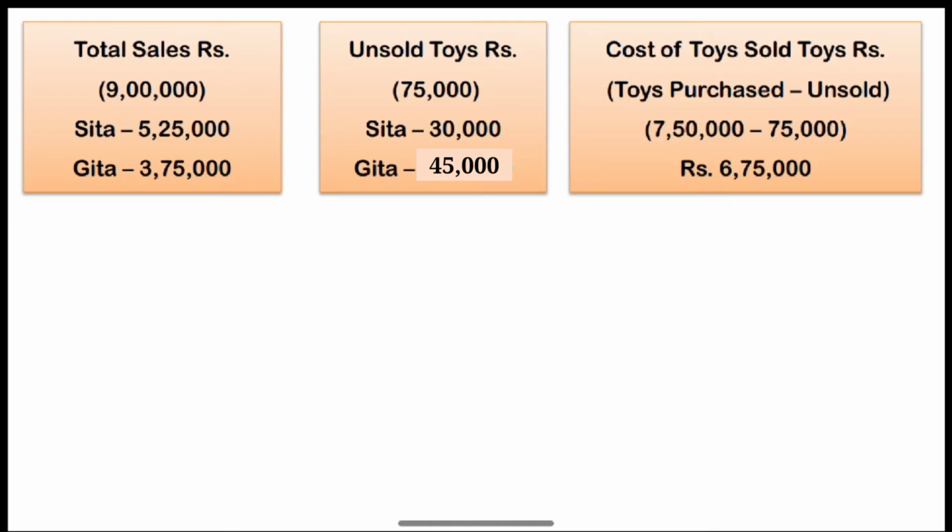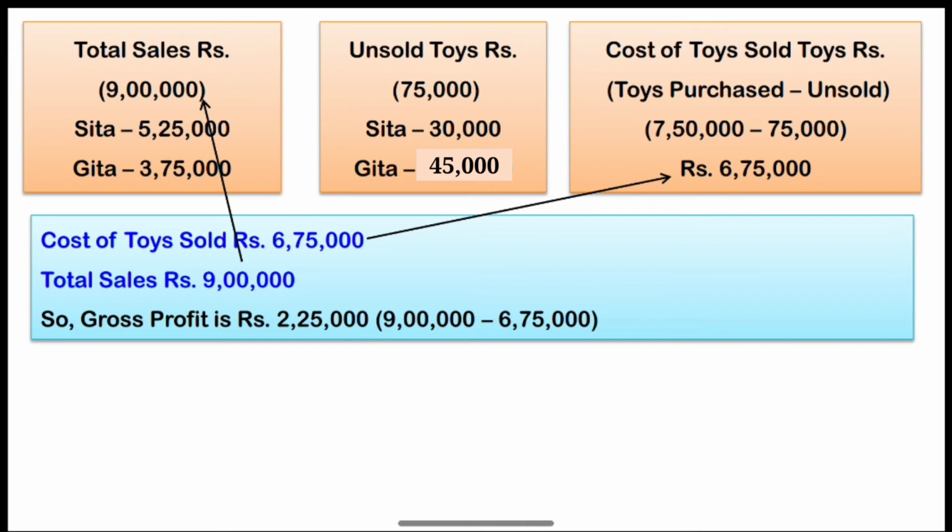Moving towards cost of toys sold: toys purchased 7,50,000, out of which unsold is 75,000, so the toys sold cost 6,75,000 rupees. Now keep in mind, total sale is 9 lakh; the toys sold, which were 6,75,000, are sold for 9 lakh.